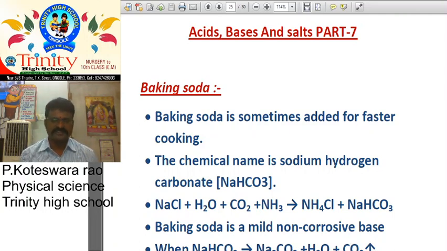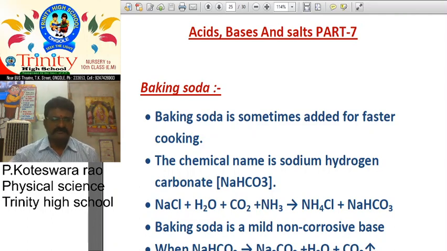Now, in this session, we are going to discuss the remaining important substances. One is baking soda, another one is washing soda, along with POP. POP means plaster of Paris.